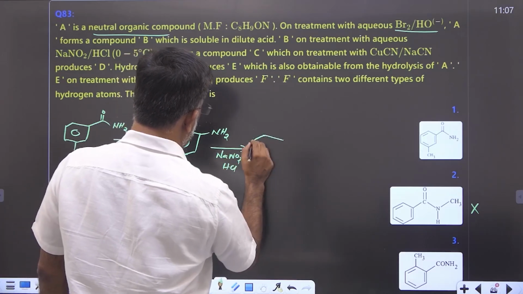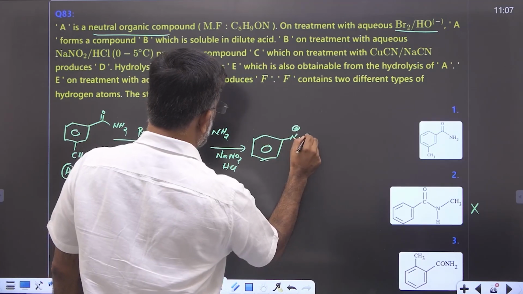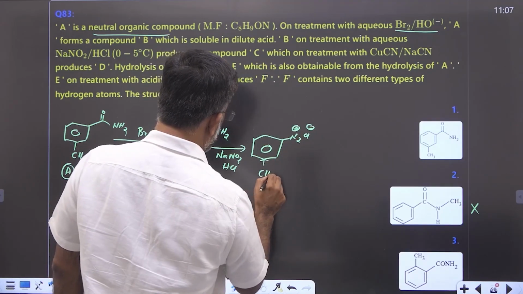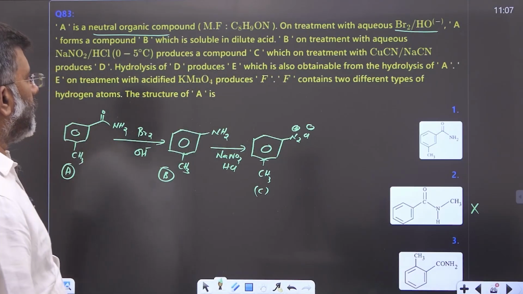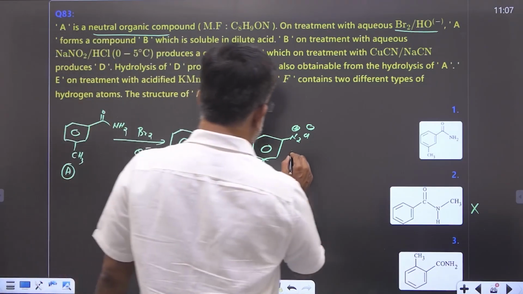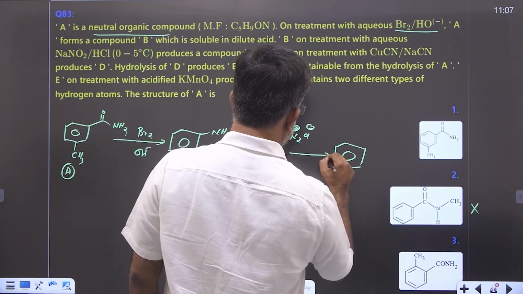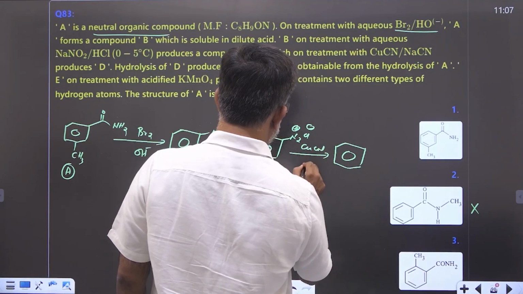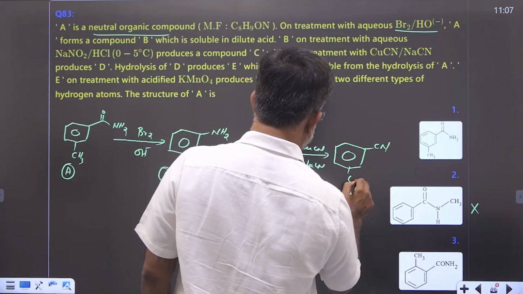With NaNO2 HCl, you will get the diazonium salt, N2+ Cl-, and CH3. This is C. And that treated with CuCN NaCN is Sandmeyer's reaction.